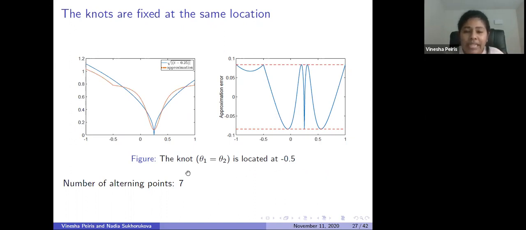And we only get 9 alternating points. And we have this peak here, which is ready to come down. So if we reduce the precision variable of the bisection algorithm, we might probably get more than 7 alternating points.